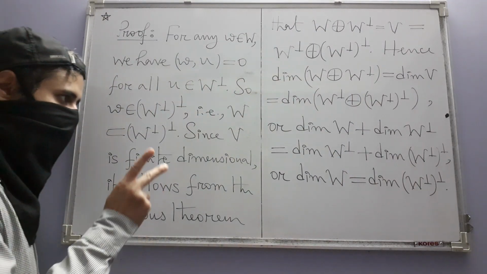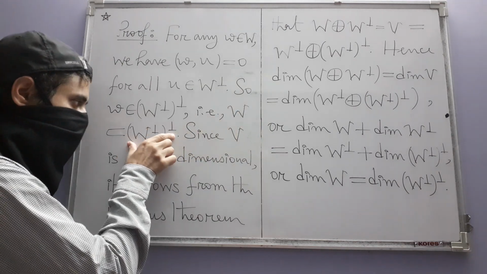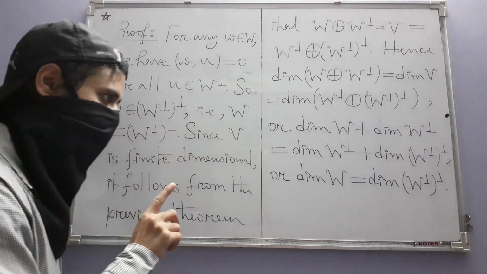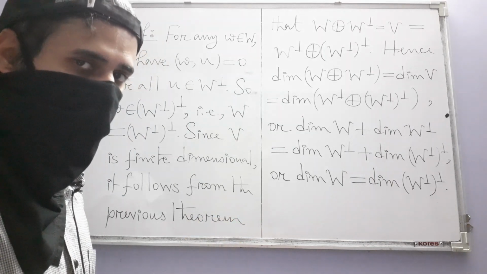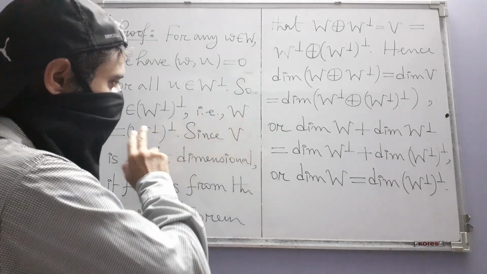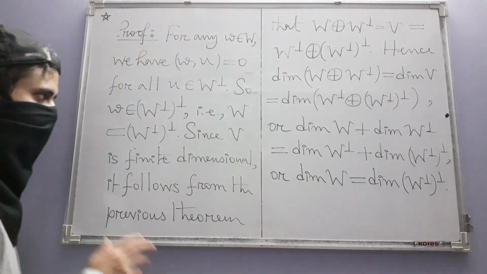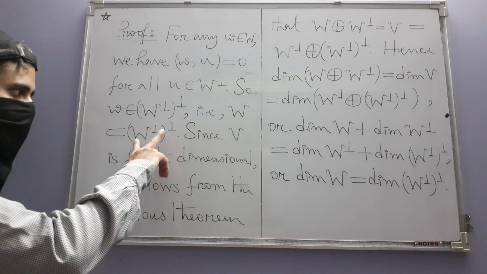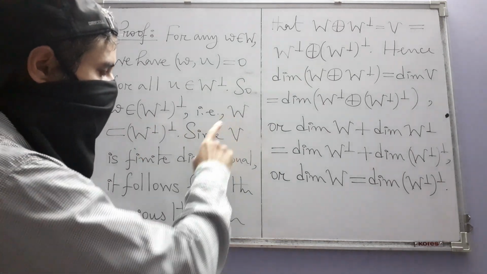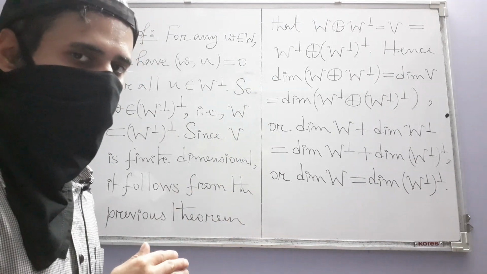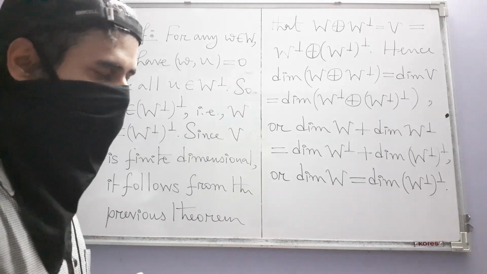So you now have two things. W is a subspace of this subspace, and at the same time they have precisely the same dimension, and when that happens, the two subspaces actually have to be identical. Why? Because we have already proved that if you have a finite dimensional vector space and you have a subspace which is a proper subspace, then the dimension is smaller for the proper subspace.